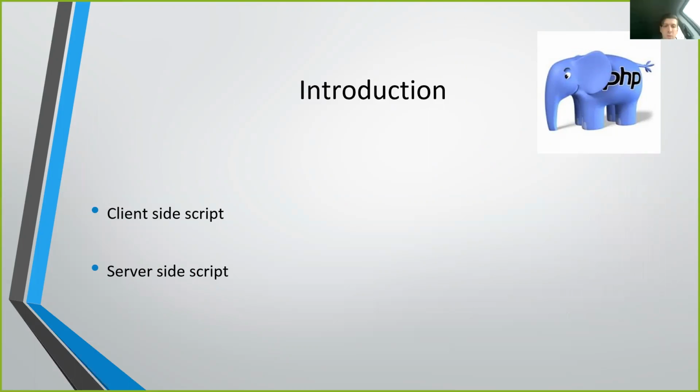We start off basically with client-side scripts: HTML, JavaScript, and CSS. HTML was released in 1993 and is a standard markup language used to create web pages, although usually static web pages. JavaScript was introduced in 1995 to make websites more dynamic instead of static.